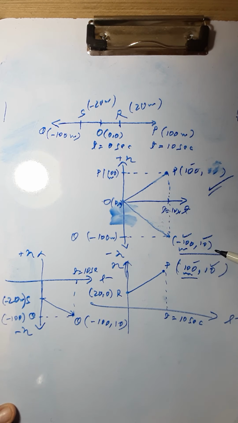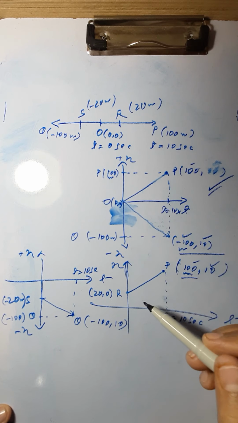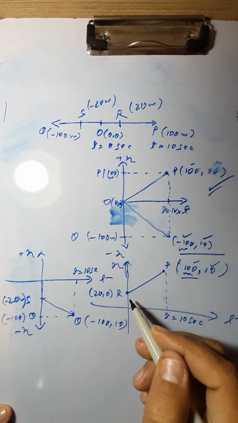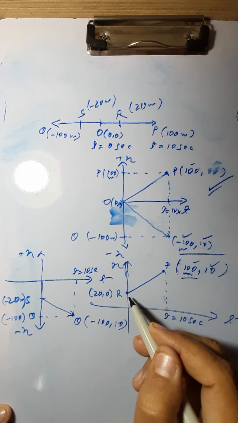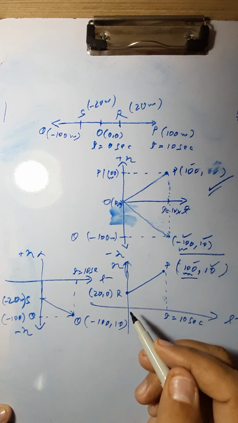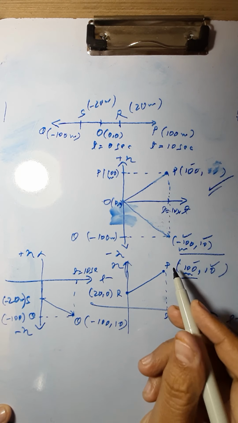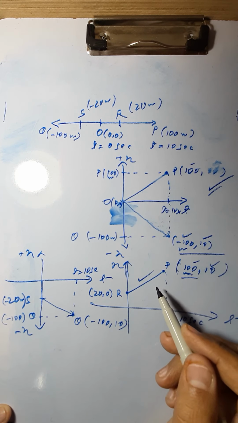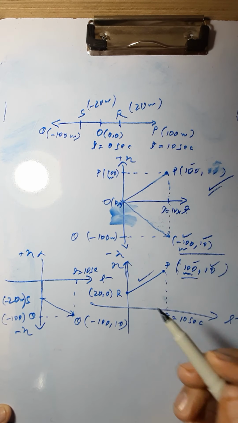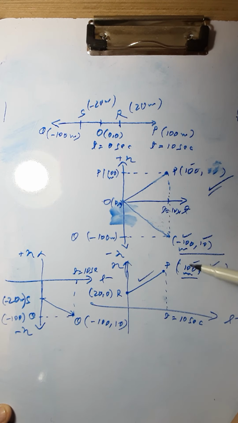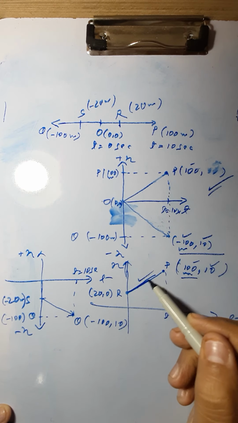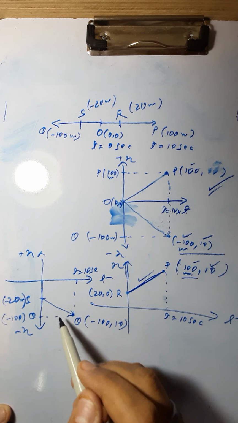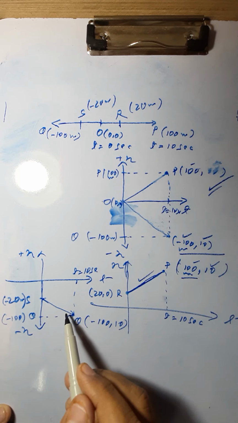In the other cases, when the initial point was at 20 meter and it finally reached point P, 100 meter, its graph would look like this. See, both the graphs are straight lines having different initial positions.